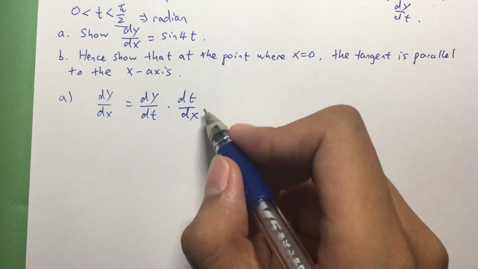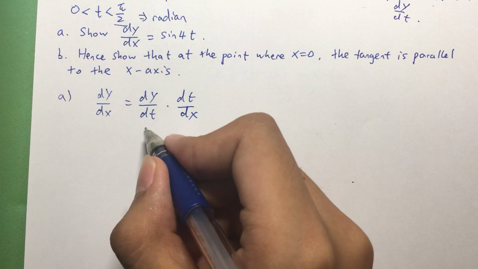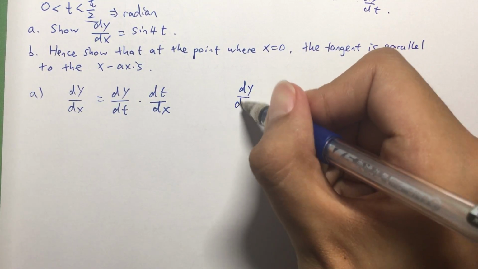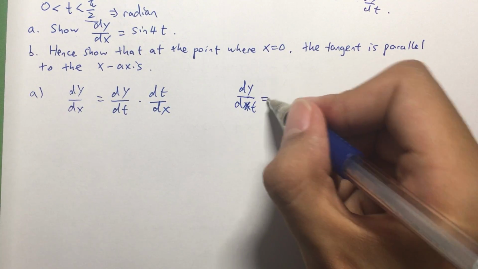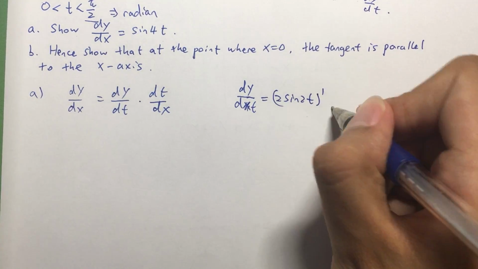Now dy over dt, the differentiation, should be equal to 2 sine 2t differentiated.